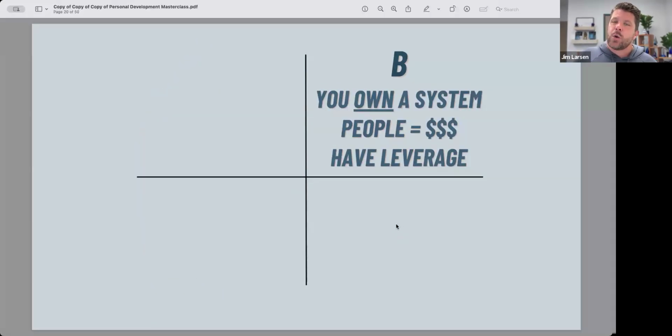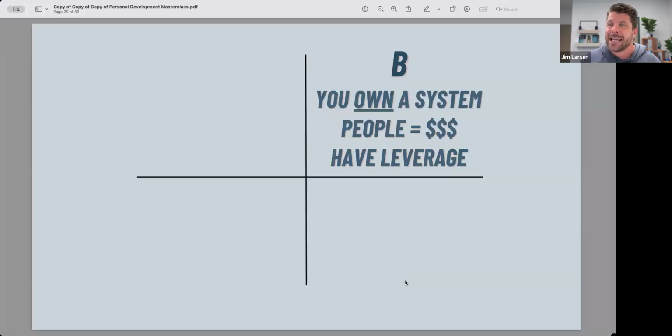In the B quadrant, you own a system. The system works for you. People equal money. You have leverage in the B quadrant. You're operating truly as the CEO, the visionary, the executive, while you've got a management team and people and systems that are working for you and scaling for you.